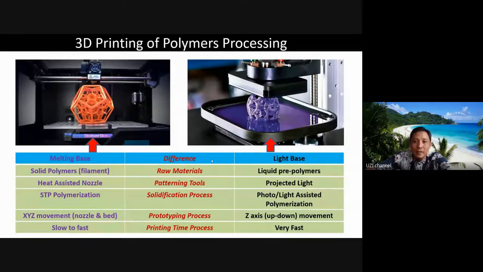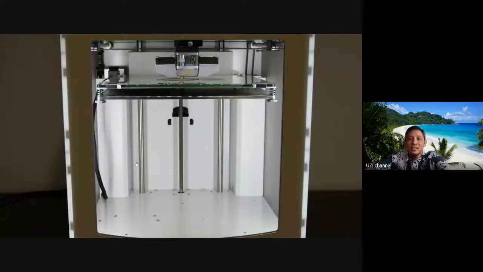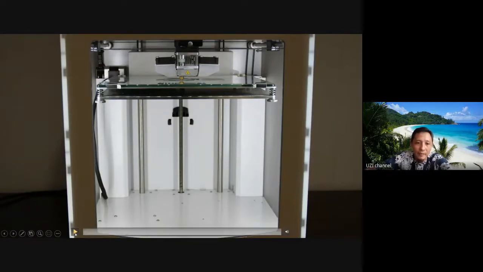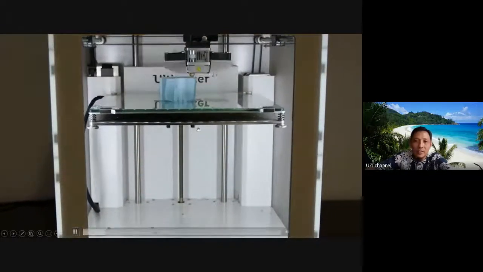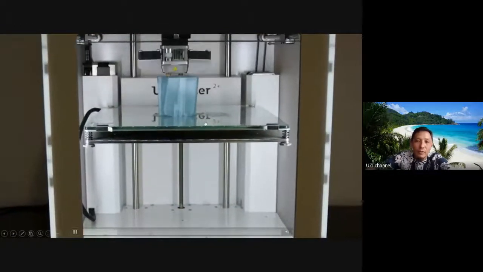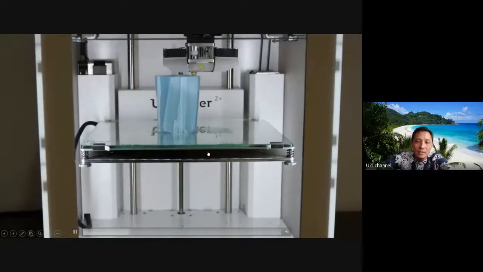This is an example of those two types of 3D printing. This is the melting-based one. The platform or the bed moves down, in this case.